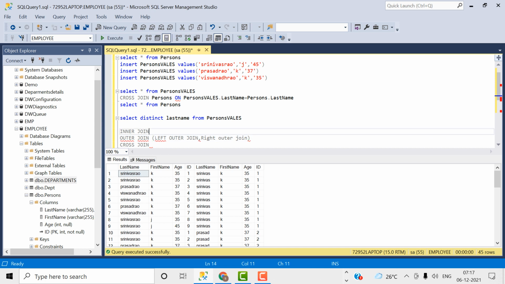What is meant by inner join, what is meant by outer join, left outer join and right outer join, and the third one, cross join? What is meant by cross join?